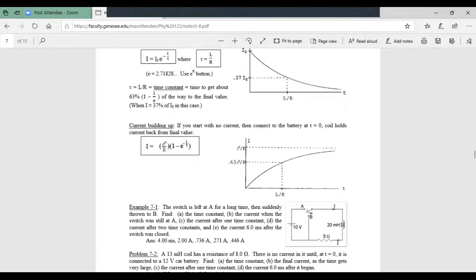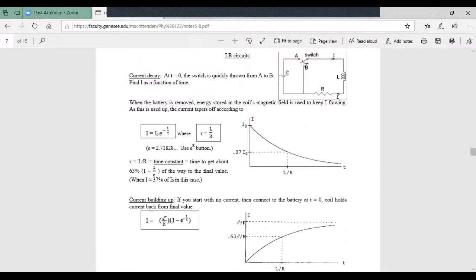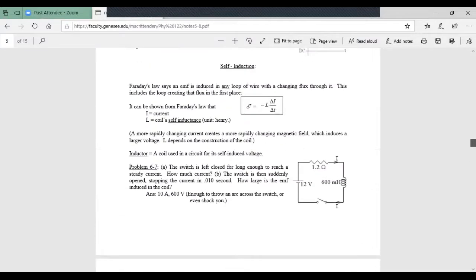And that final current would just simply be what you get from Ohm's law, okay? So if you've thrown the switch back to point A to turn the circuit on, well, the self-induced voltage, that was at the end of section 6. I guess I can scroll back up there for a moment. The self-induced voltage across a coil is the inductance of the coil times the rate the current is changing, delta I over delta t. When you reach a final steady state, the current is not changing.